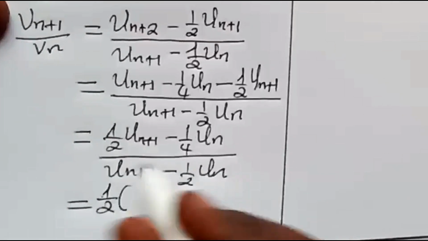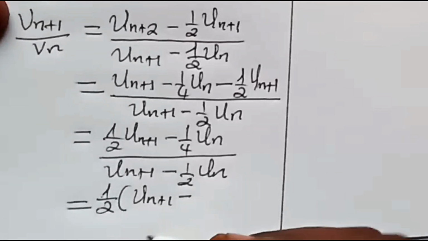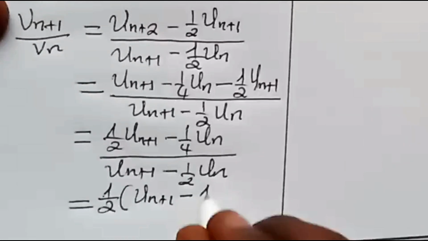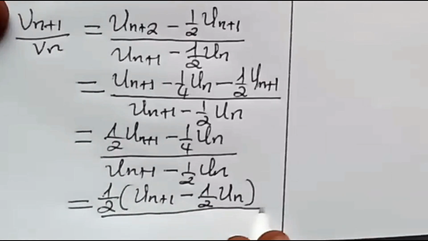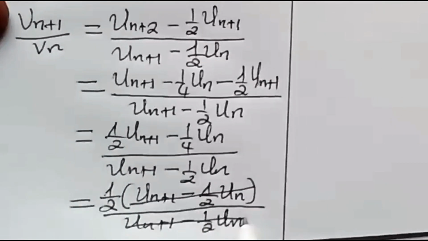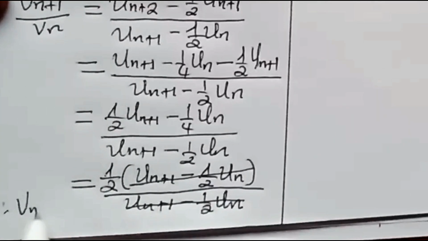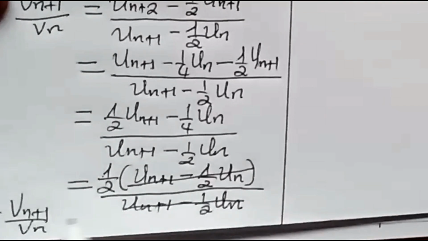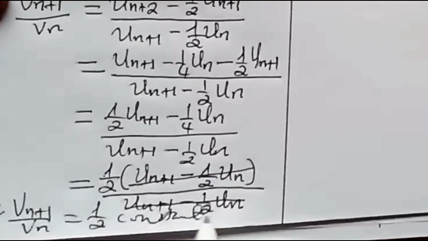So half into, at the numerator I divide every term by half, I get un+1 minus 1/4 divided by half gives half of un. All that divided by un+1 minus half un. You can notice that the factor in the numerator cancels the denominator. Now we have that Vn+1 all over Vn equals half, which is a constant.